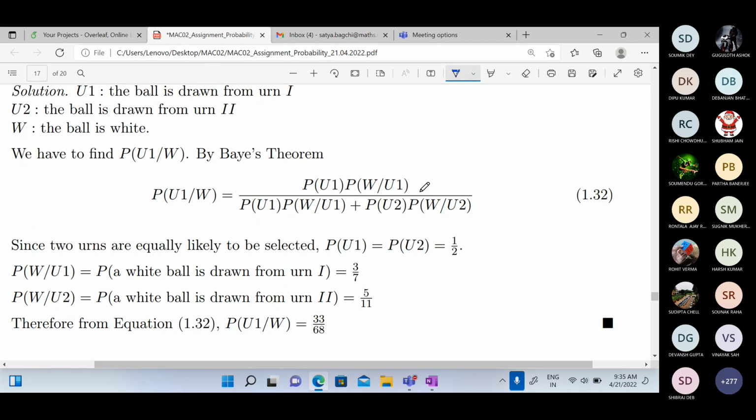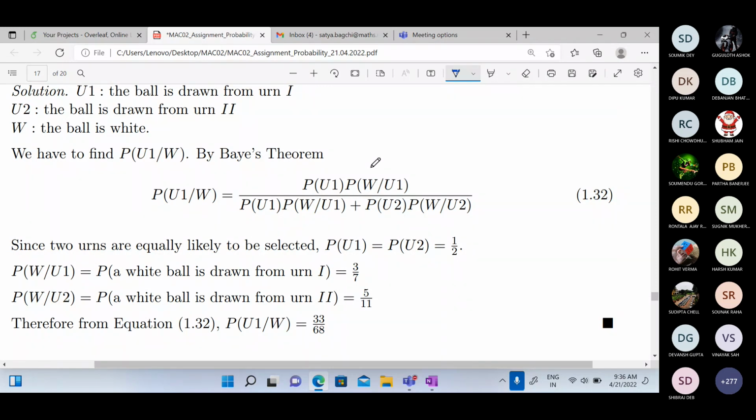But using the Bayes theorem, according to the conditional probability definition, we can find it like this. The probability of U1 given that a white ball is drawn, we can just interchange it.